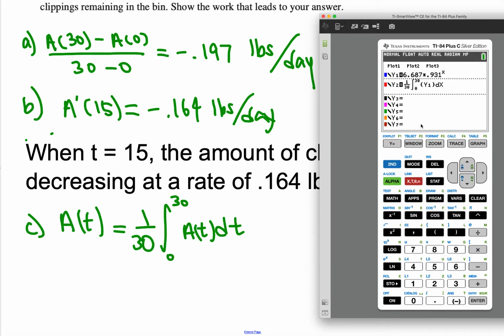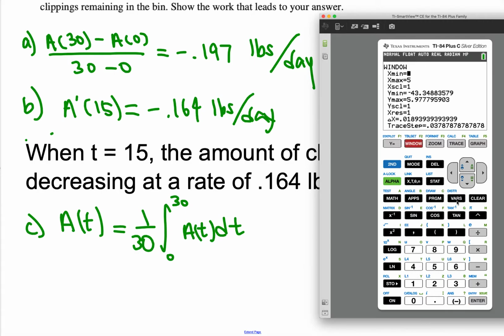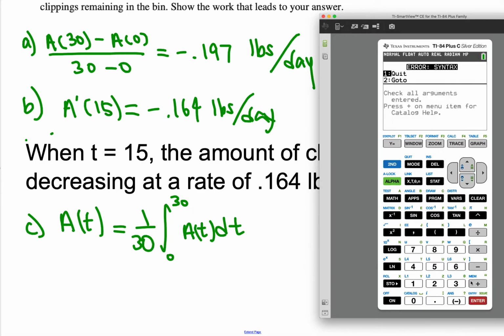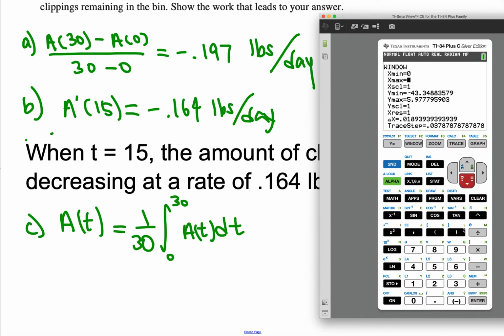By having these two equations, I'm setting them up. I'm graphing both equations and planning to look for the intersection. The window will be 0 through 30, because those are the values, and I'm going to go for zoom fit, zoom fit 0.